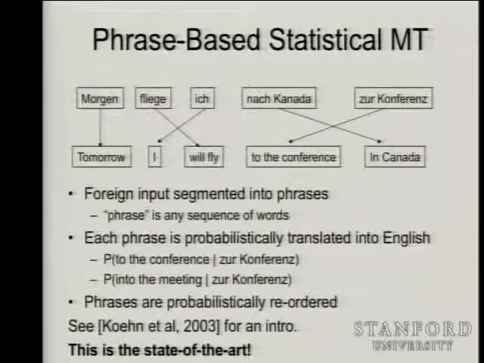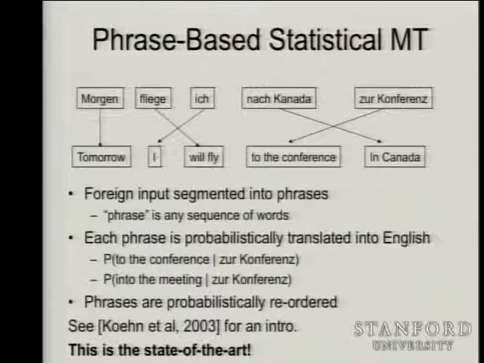Okay, so the idea of phrase-based statistical MT is that what you're going to do with the input is you're going to chunk it into phrases, whereby phrases people here just mean any subsequence of the input. No notion of linguistics whatsoever, just any subsequences of the input.